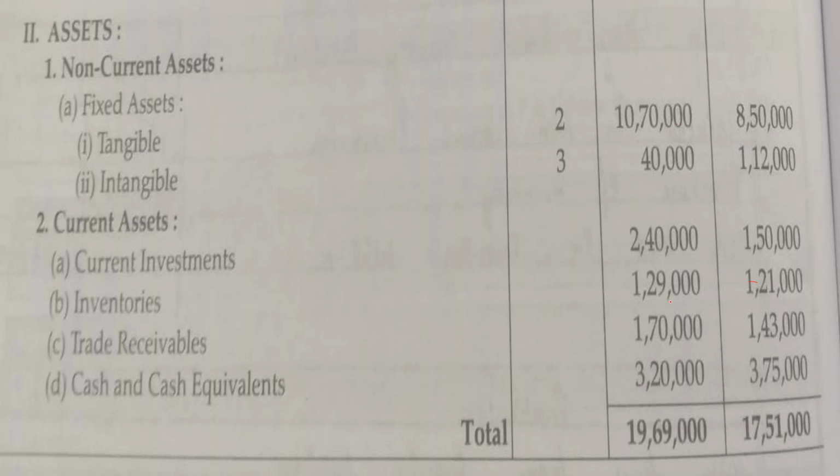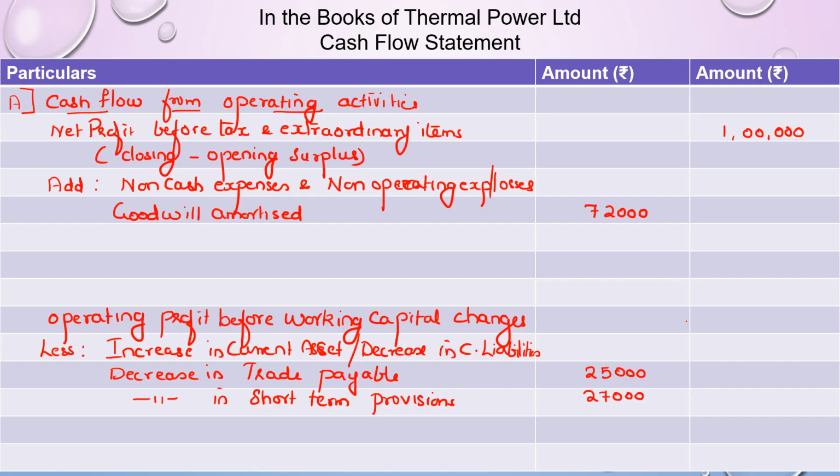Here, inventories has increased, trade receivable has increased. Both are current assets which have increased, which is a subtract. How much is the increase? Inventories by 8,000 and the trade receivable by 27,000. So we will write it down here.